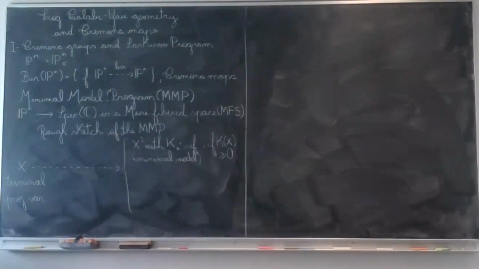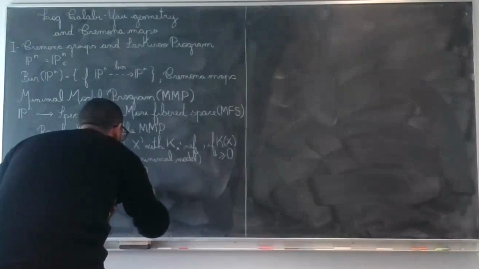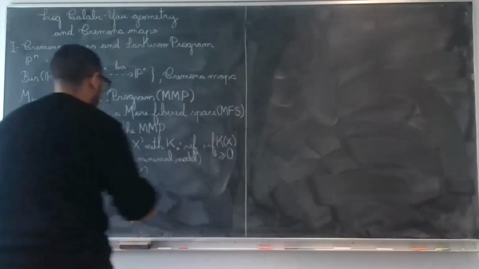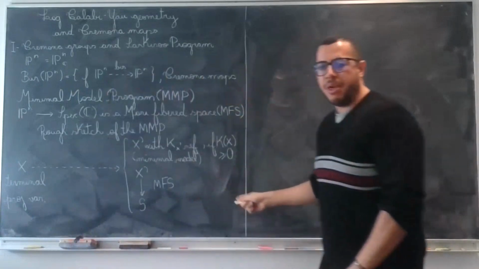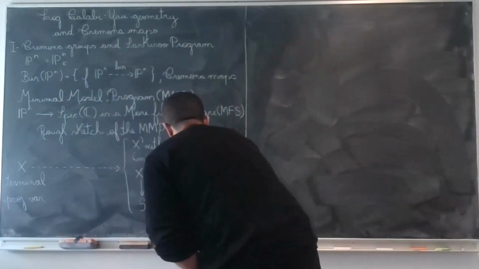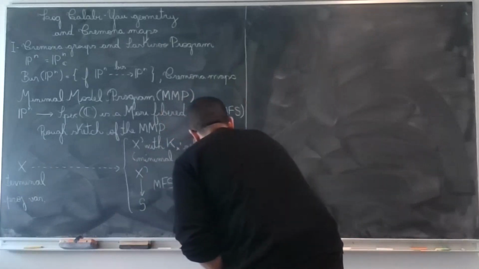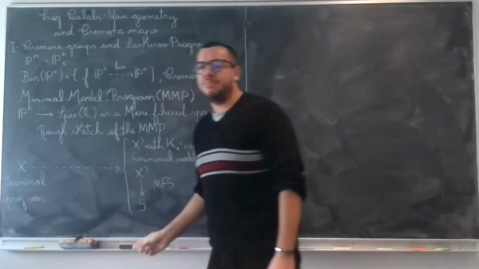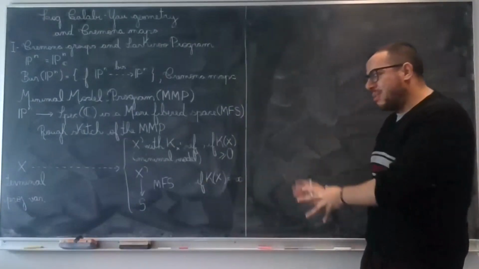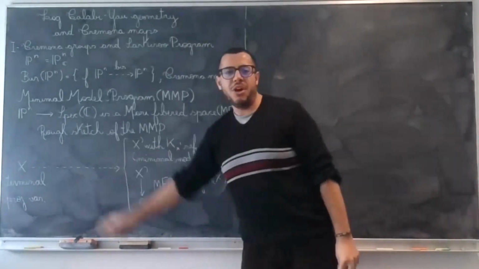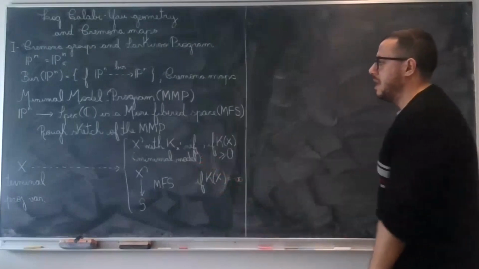Or we can end with a Mori fiber space, and this happens when the Kodaira dimension of our initial variety is minus infinity. This Kodaira dimension is extremely related to the geometry of our variety. So basically we have these two different outputs.